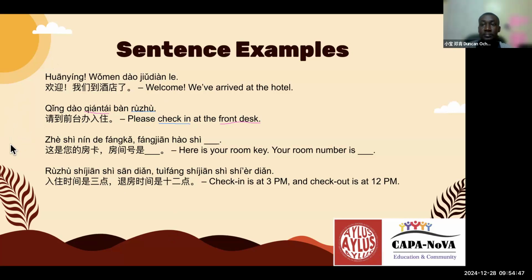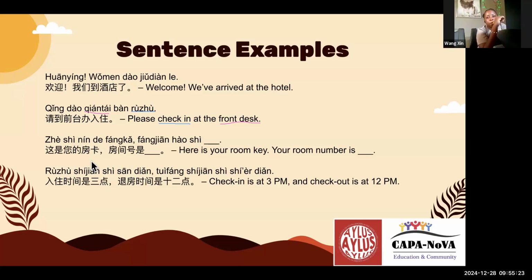When your customer made the hotel reservation themselves, you need to tell them they need to go to the front desk or go to the hotel to manage the check-in process. So again, this phrase 请到前台办入住, or you can say 请到酒店办入住. Okay, that's how you use it.